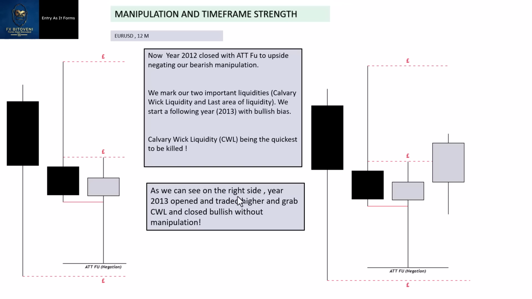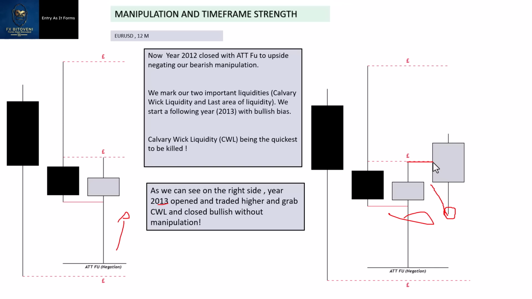As you can see on the right side, year 2013 opened and traded higher and grabbed Calvary week liquidity and closed bullish without manipulation. Look at this. This was 2012. A new candle started here, which is this one. Look at how it traded higher. It created the low of the year, testing this level, then went higher to grab what?